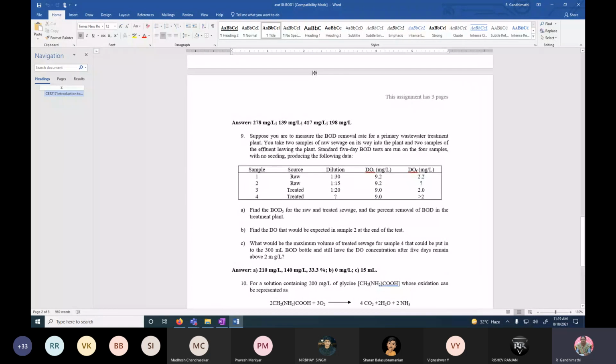Maybe you can note down this problem. Suppose you are to measure the BOD removal rate for a primary wastewater treatment plant.